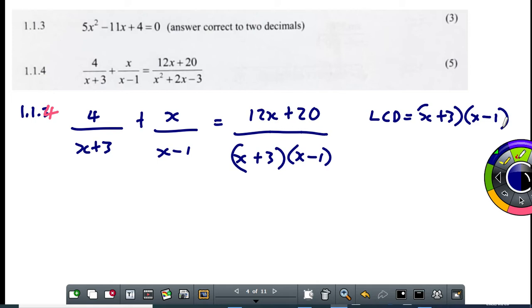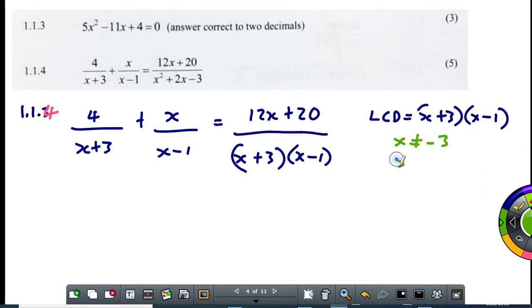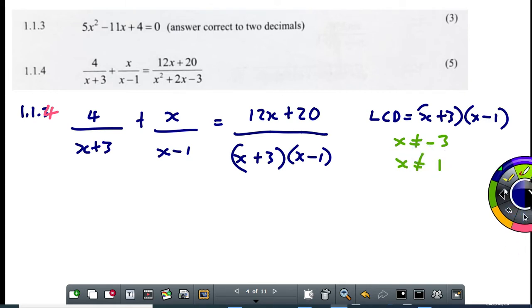Then we need to write some restrictions because we don't want the denominator to be equal to 0. So if you put x equal to minus 3 here, you get a denominator which is 0, which will make the whole fraction undefined. So we don't want x to be equal to minus 3, and we don't want x to be equal to 1. If we get our values of x as minus 3 and positive 1, then we have to reject those answers.